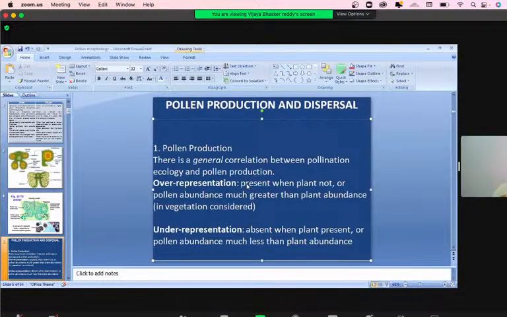This all depends on the availability of the vector. If the vectors are not available, within a short span of time, pollen loses its viability, and though it reaches the stigmatic surface of its own species, it cannot germinate. That's why plants always release pollen grains batch-wise, only viable pollen grains, and the quantity always matters.